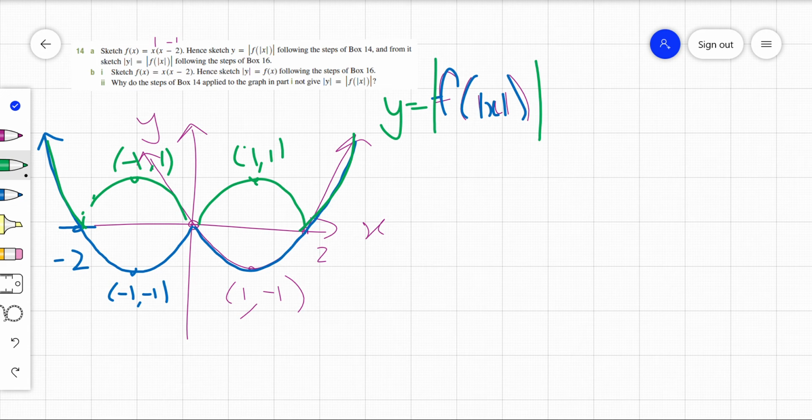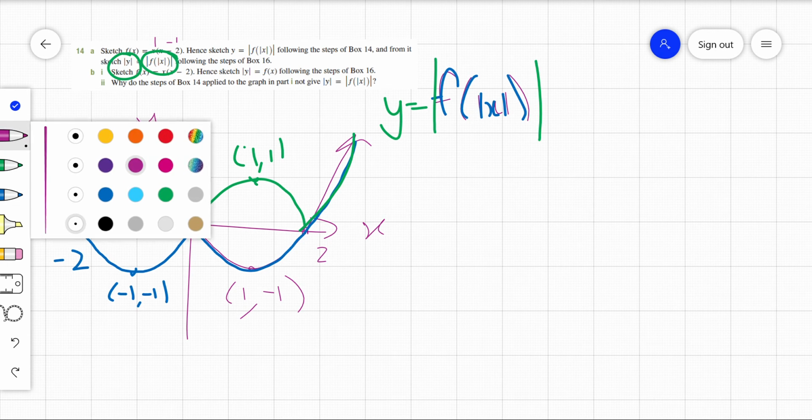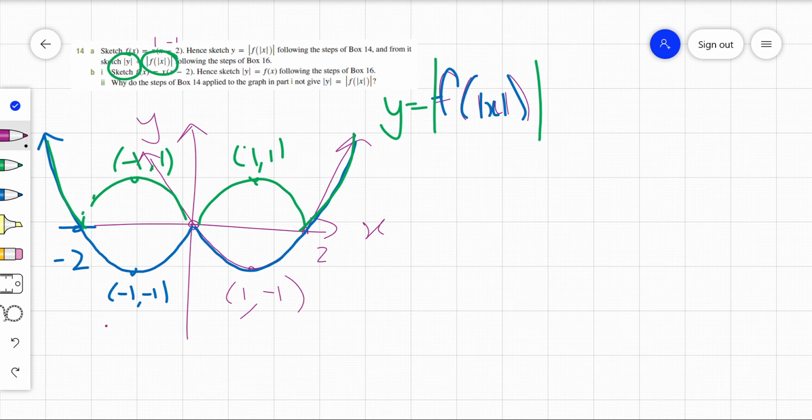And then it says sketch the absolute value of y equals all of that. I've already got that, so I'm going to have the same curve. I've already got the right hand side part, if it was just y equals. But remember what we do, so I'll do it in purple now. We're going to take what we already have and get rid of any negative parts.